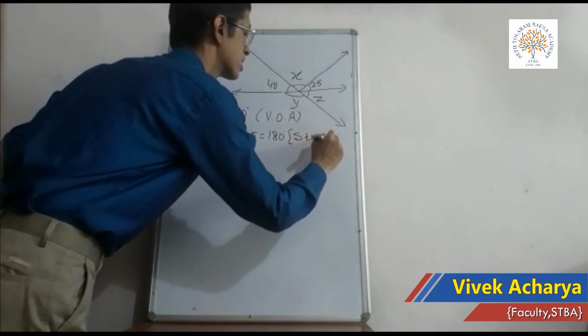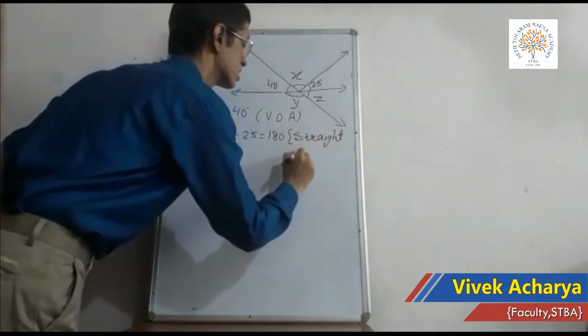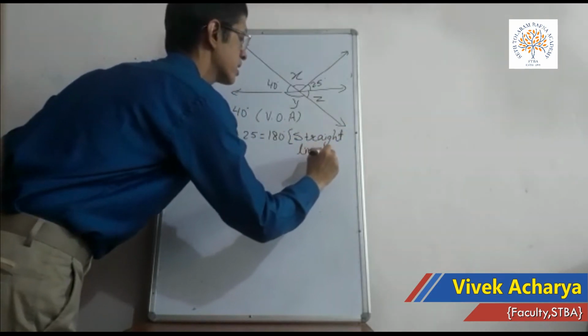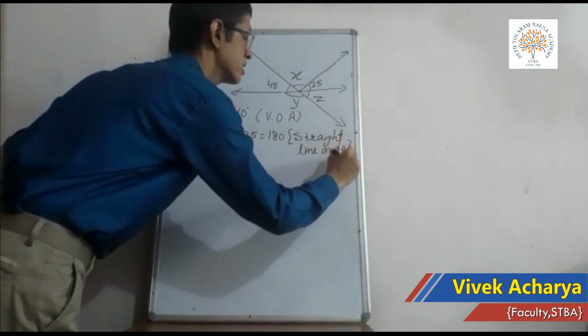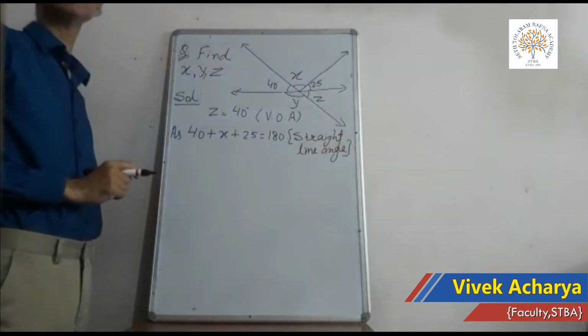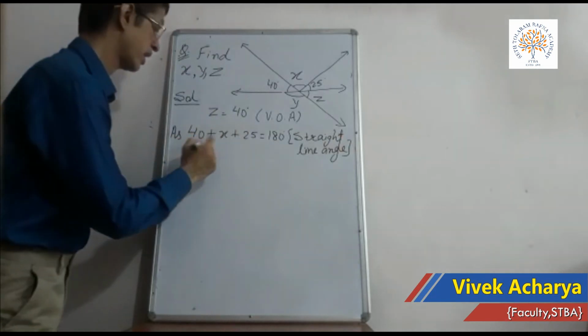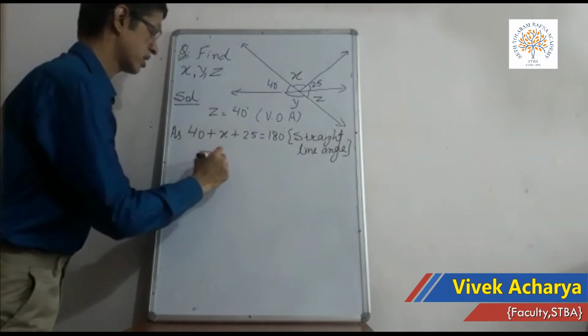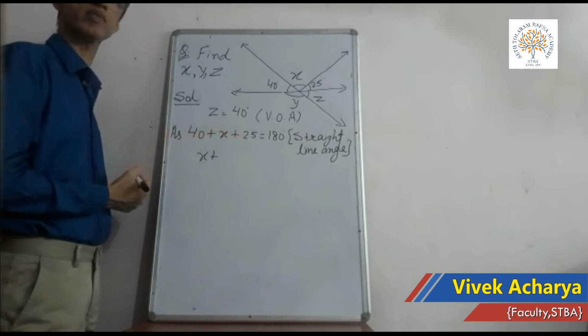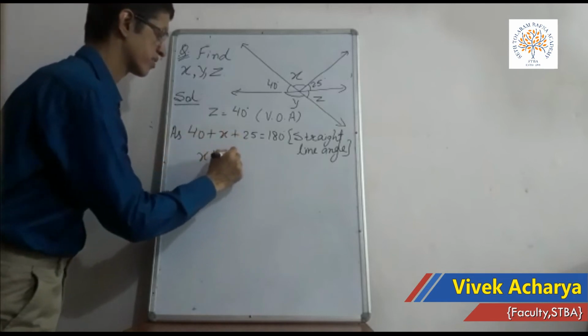A straight line always has a sum of 180 degrees. So adding 40 and 25 we get 65. So x plus 65 is equal to 180 degrees.